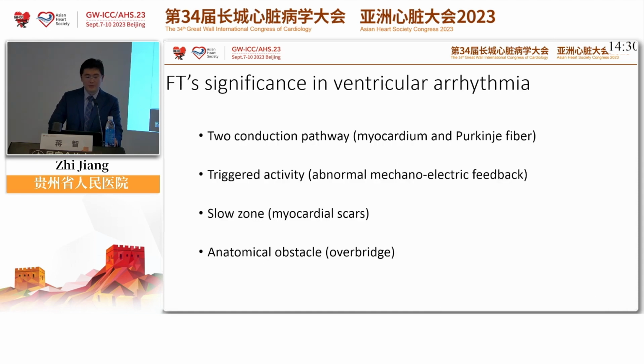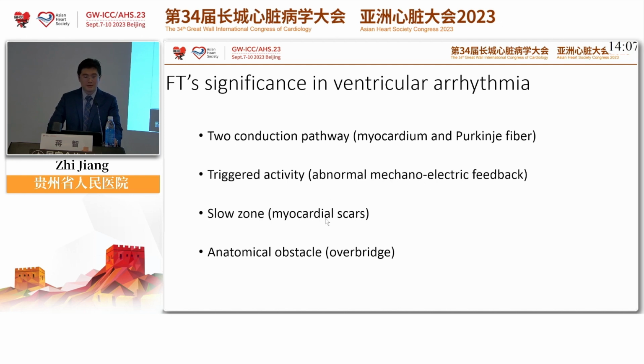We conclude the false tendon's significance in ventricular arrhythmia into the following 4 points. First, the false tendon has 2 conduction pathways, including the myocardium and the Purkinje fiber. Second, the false tendon has increased triggered activity or automaticity due to abnormal mechano-electric feedback.